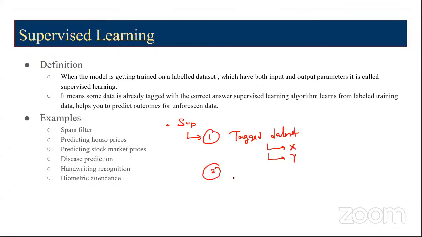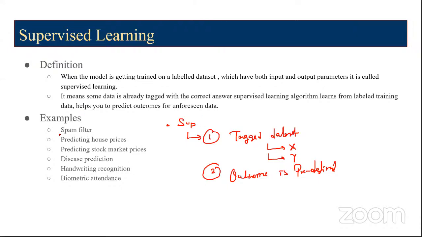And the second definition can be where the outcome is predefined. For example, in case of property price prediction, we know in advance that we need to train a model which can predict the property price. So the outcome is property price, and that is well defined before you train the model. Similarly, in case of sentiment classification, the outcome is positive or negative sentiment. So even before we train the model, we are very well aware that the outcome is going to be either positive or negative.